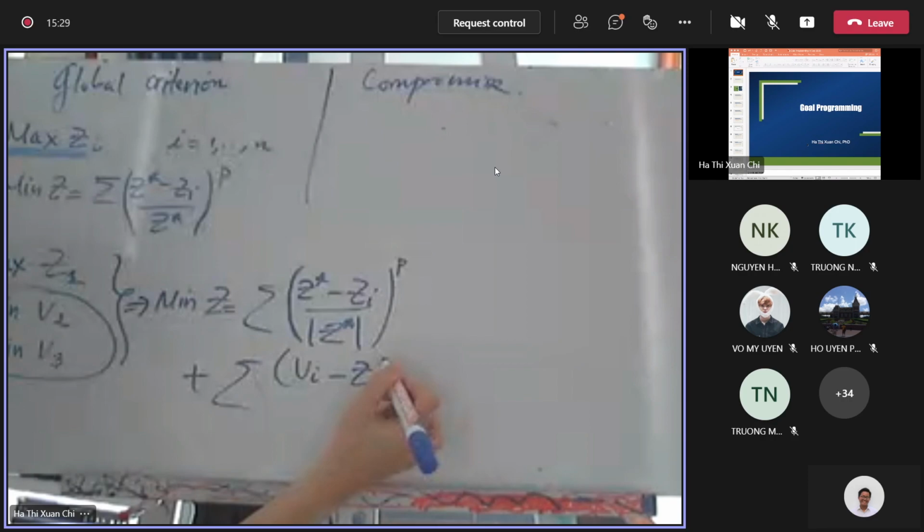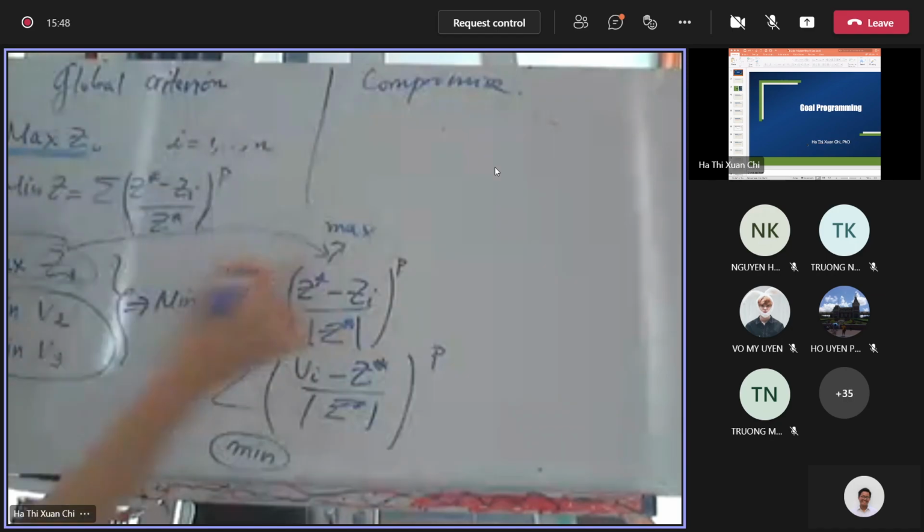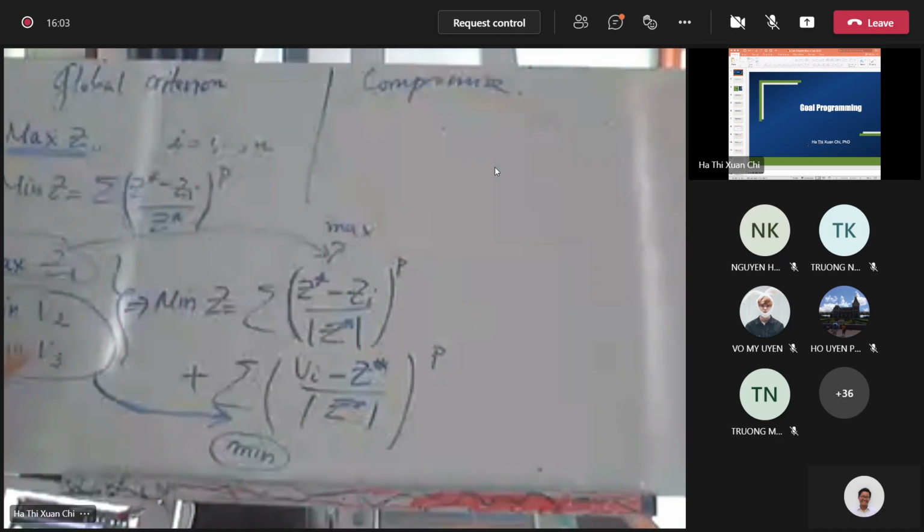So here that is for minima, everyone. Here that is for maxima. If maximize for this case, so you can write like this. But for the objective is minimize, so you got the formula that is. Okay, so make sure that you not get the mistake in this stage.